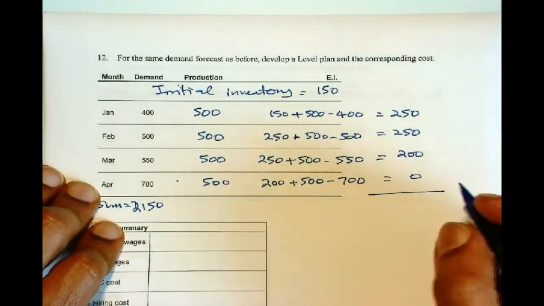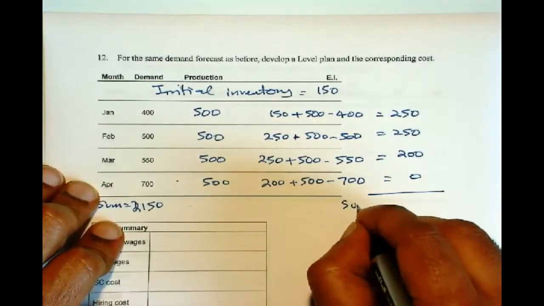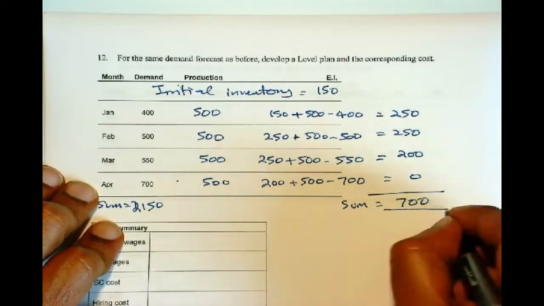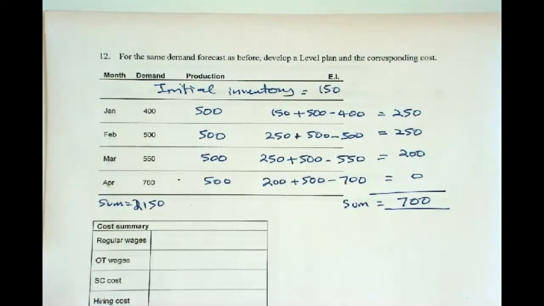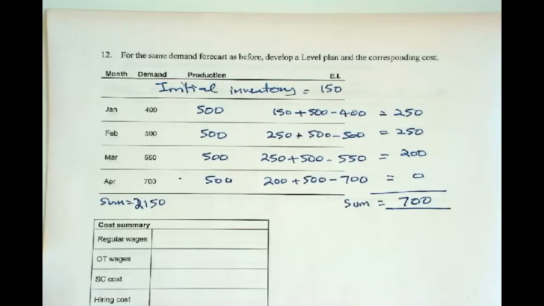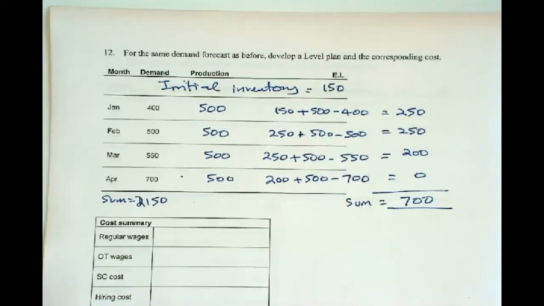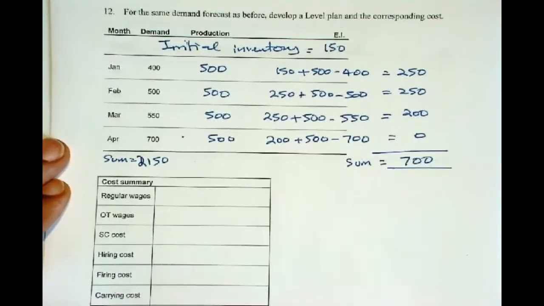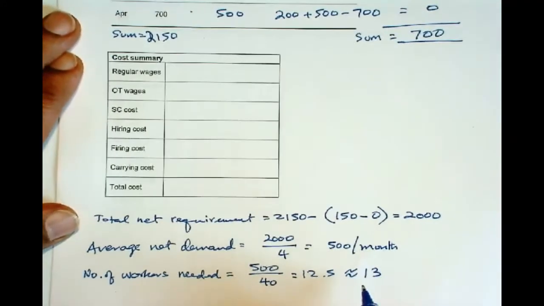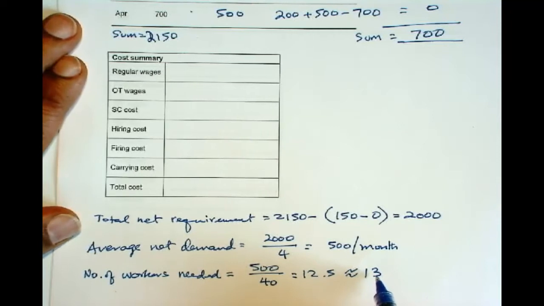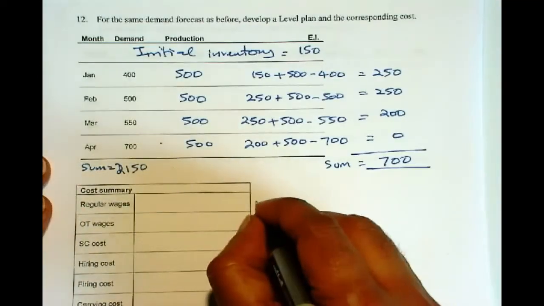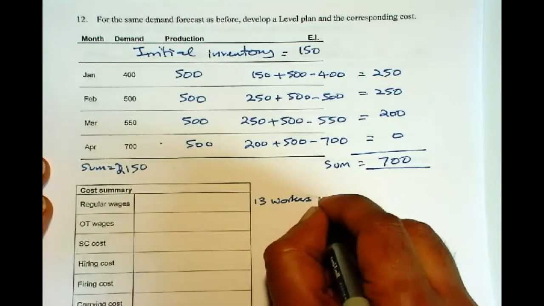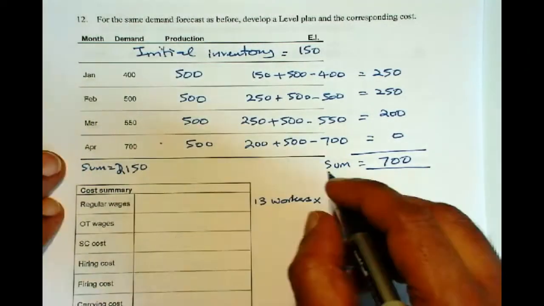And then we sum this, that's the parts periods that was held in inventory, and we will use that in our cost computations. So now wages, okay, we know there are 13 workers, we already computed that. So our wages is going to be 13 workers, okay, and we have to pay them for 4 months.